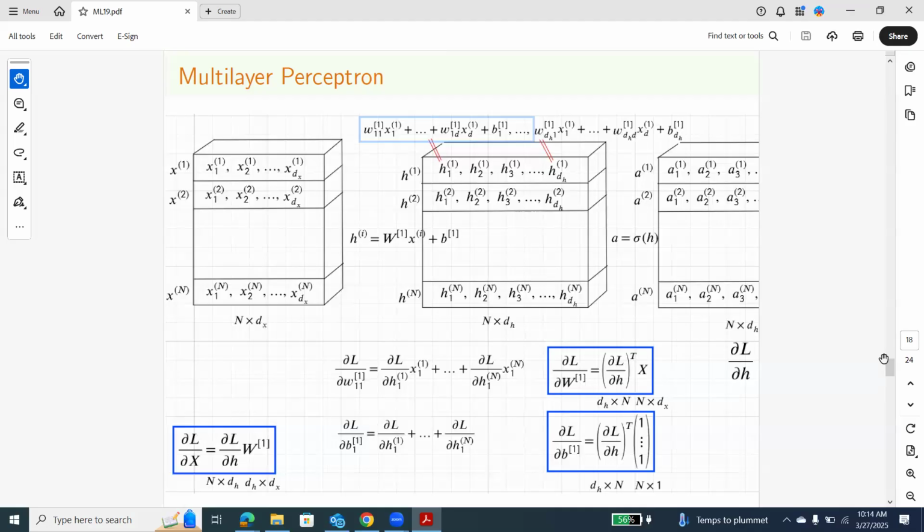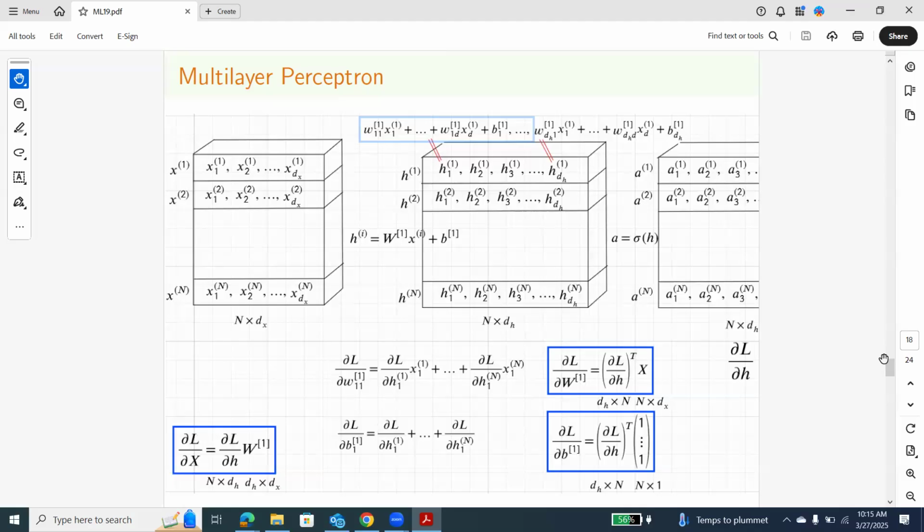So it will be the derivative with respect to H1 times the derivative of H1 with respect to W1, which is X, and so on, times the derivative of the last vector Hn, and the derivative of this vector with respect to W11 will also give us the first component of vector Xn. And it will look like this.